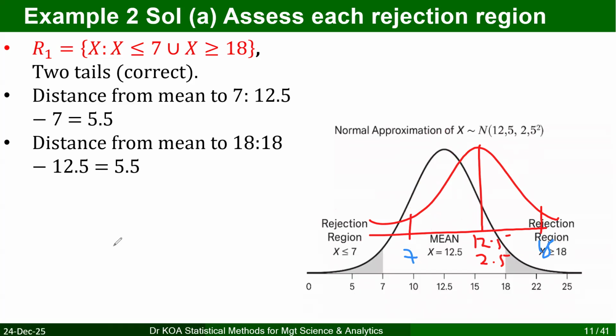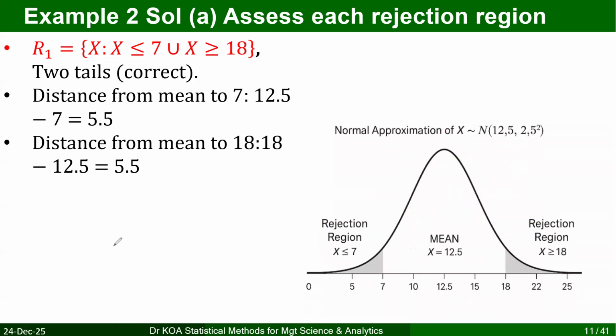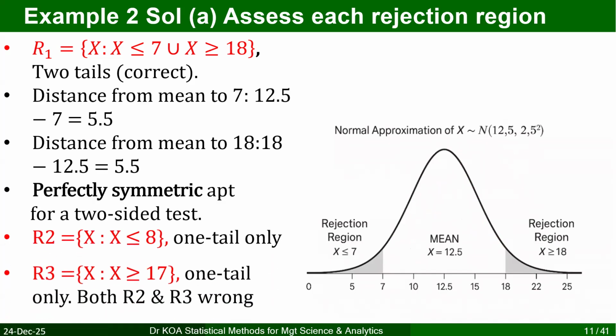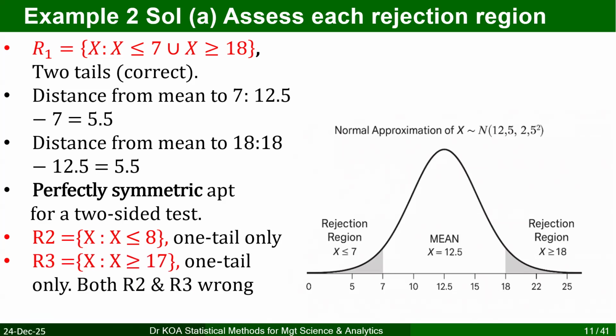So you can see clearly that R1 matches exactly the rejection region that is being expected. If you take the other two, check carefully, the other two are not symmetric. For example, this one will give you only one tail, and the other one will also give you only one tail. Both of them are wrong hypotheses given the information that you have here.